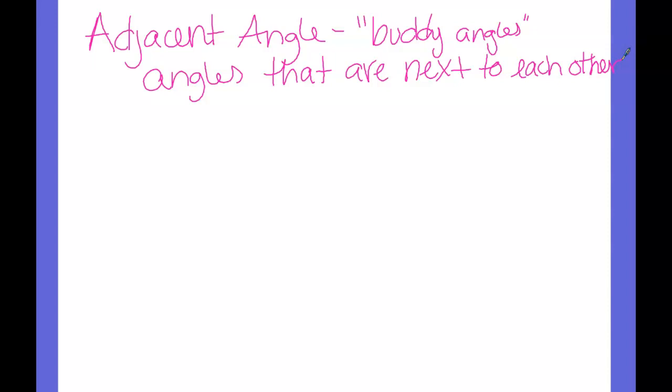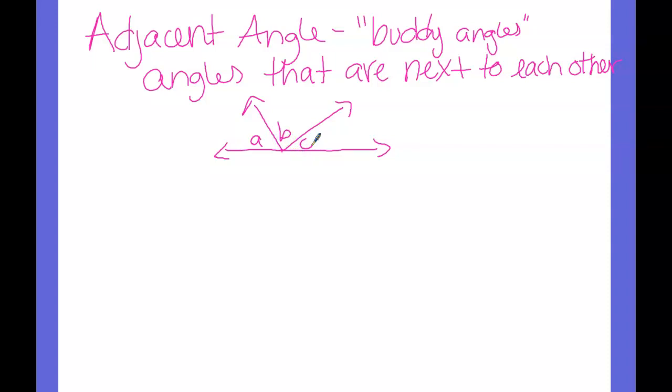If we're going to draw a picture of adjacent angles, I drew a straight line, then I drew a V going from the straight line. We're going to label this guy over here A, this guy B, and the last one C.